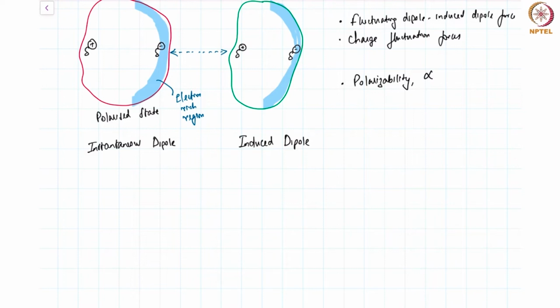Meaning, if you bring another molecule which has a dipole near this large molecule, then it's much easier to generate a dipole, induced dipole in such a molecule, right? But if the molecule is much smaller, then it's much harder to create this induced dipole. The strength of this dipole is much weaker because the electron cloud density differences are much smaller.